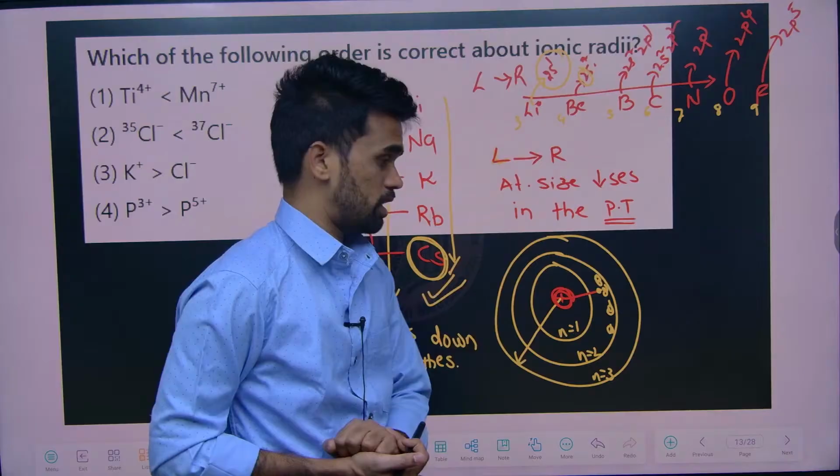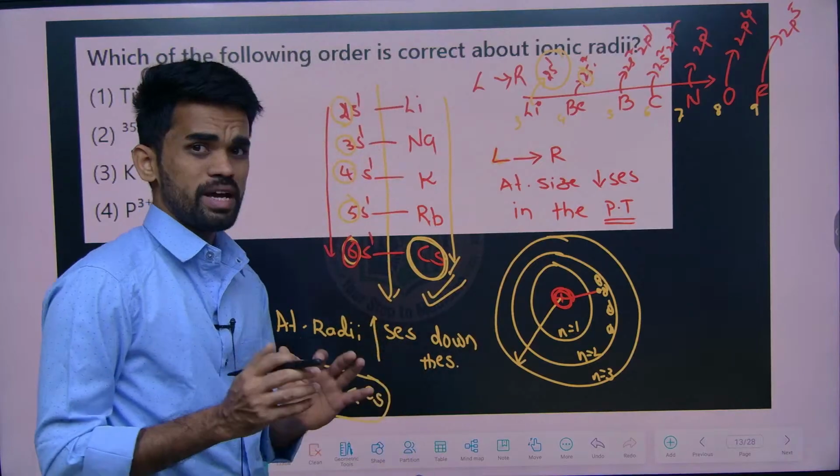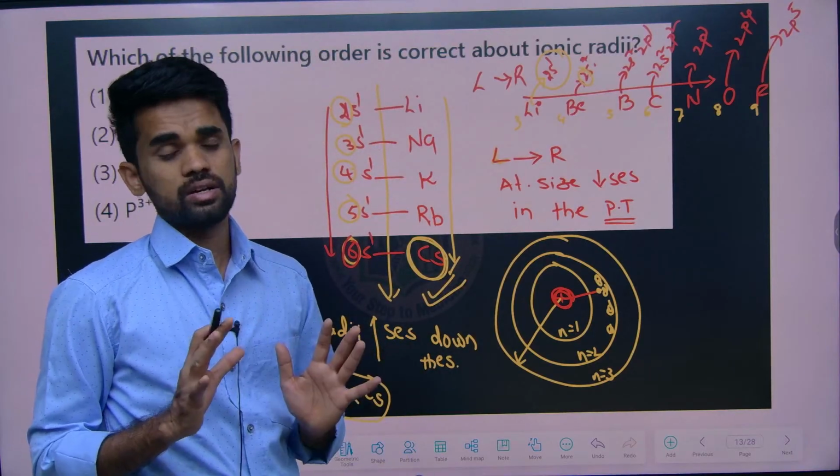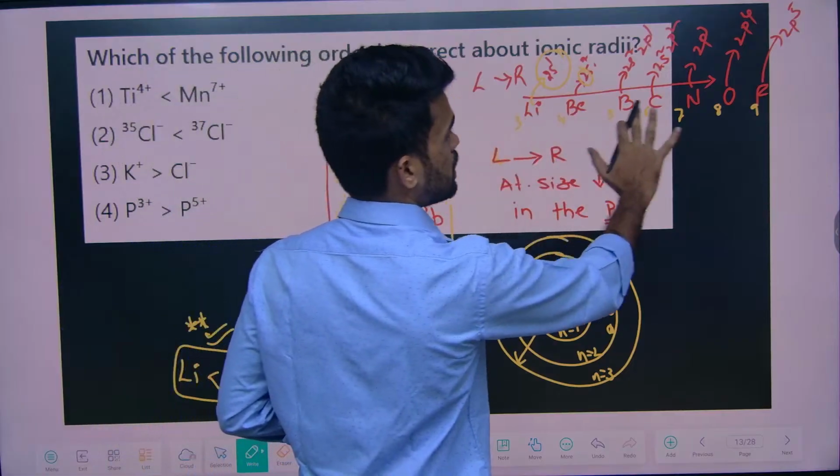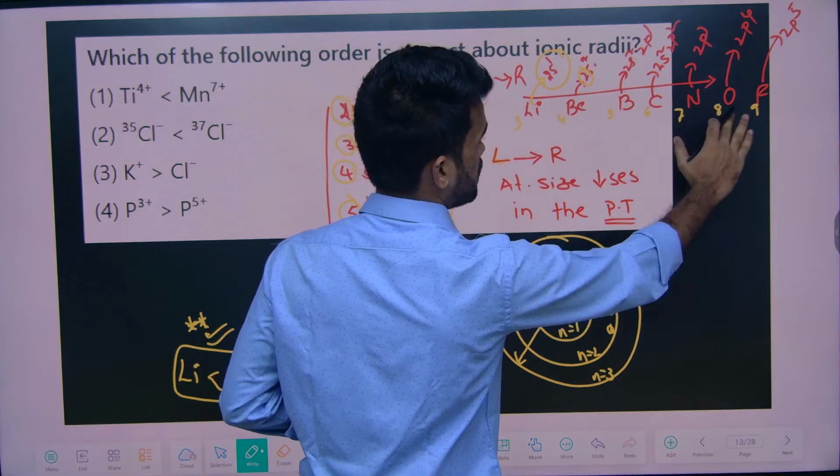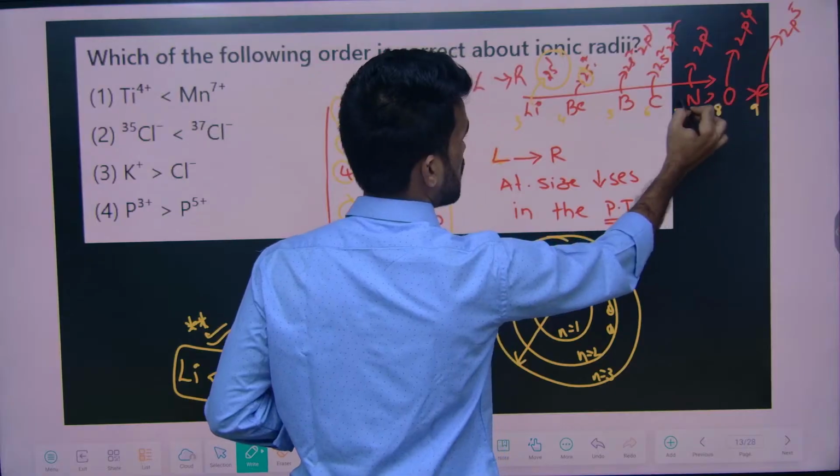Remember up to here? Nothing to memorize here, everything is to understand. Now tell me which is the least size out of all these elements. Fluorine will be the least.